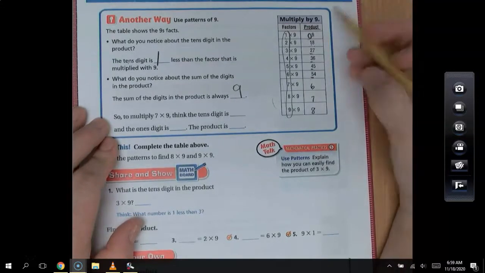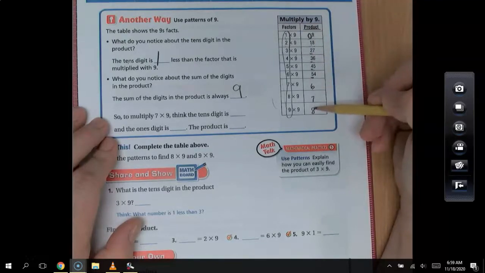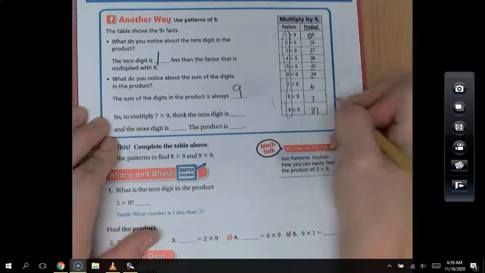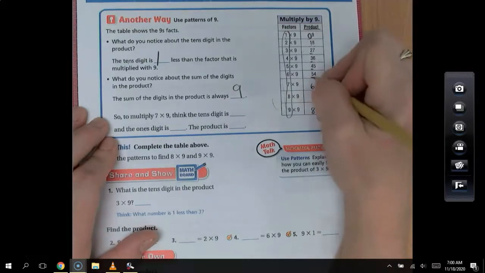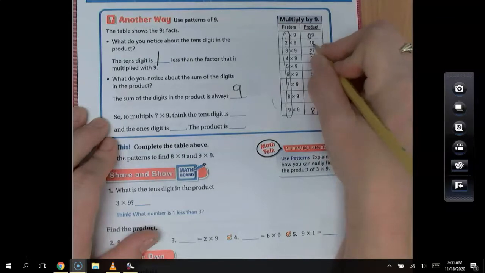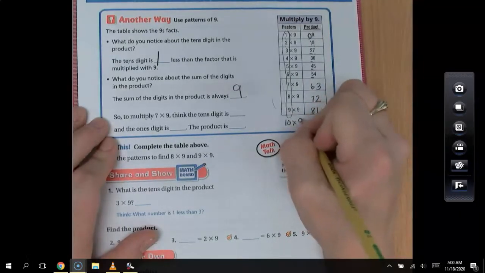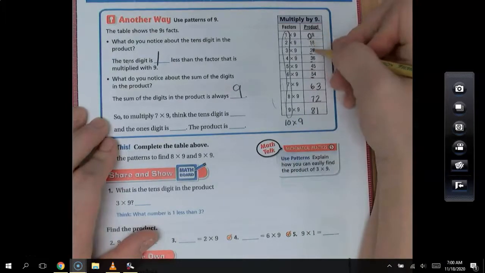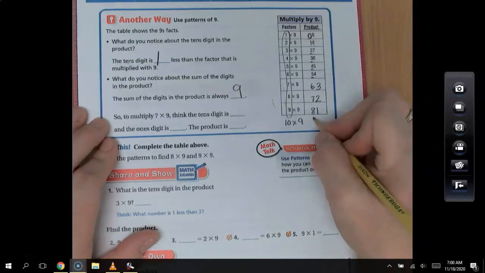I want you to look at the ones digit. So we went 0, 1, 2, 3, 4, 5, 6, 7, 8. Now I want you to write it backwards. 1, 2, 3, 4, 5, 6, 7, 8, 9. And if I wanted to, I could add 10 times 9. Because if I followed the pattern, 0, 1, 2, 3, 4, 5, 6, 7, 8, what do you think 10 times, what's going to be in my tens digit?